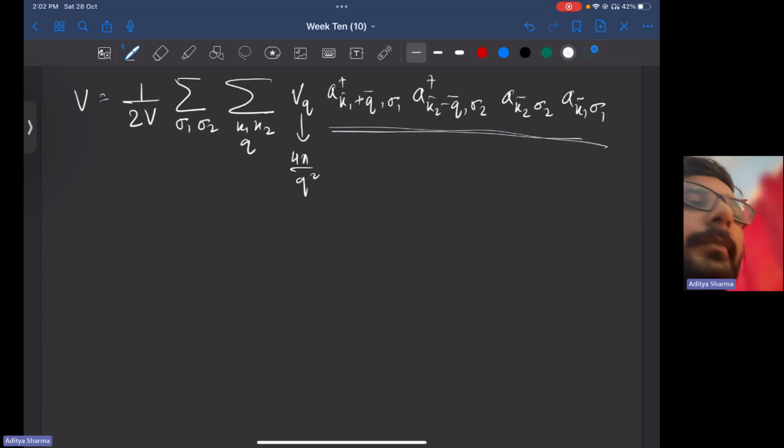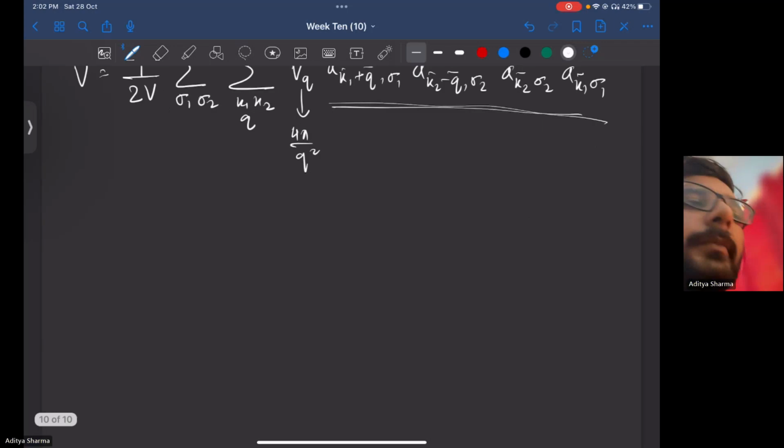Now the interpretation of this in terms of diagrams. This is a bit important. We'll have some particle going in the momentum space, which has got spin sigma 1 and momentum k1.